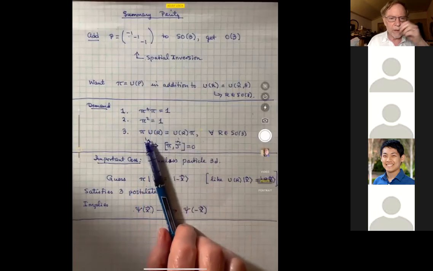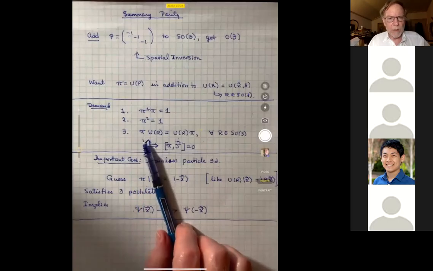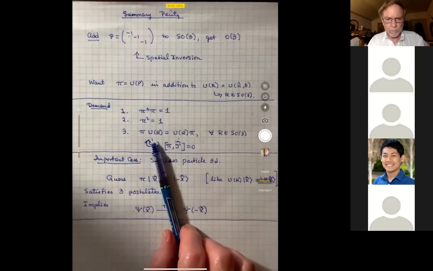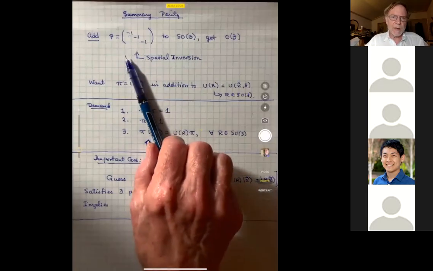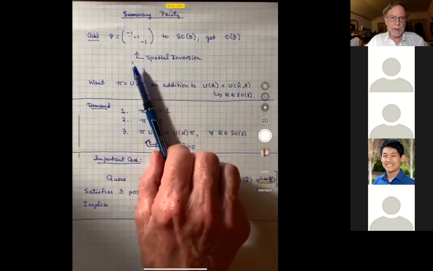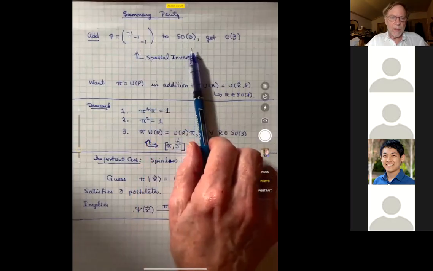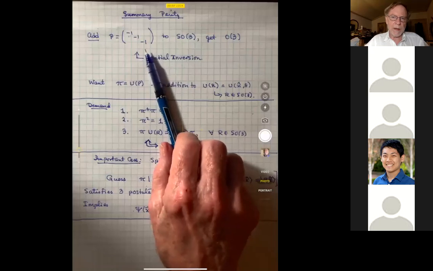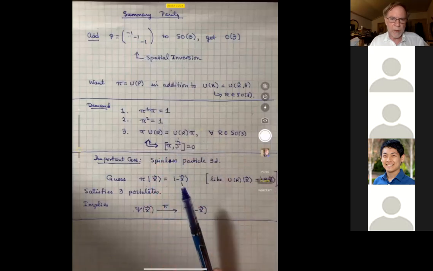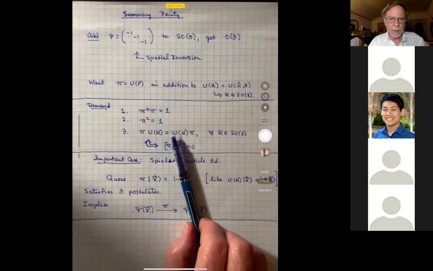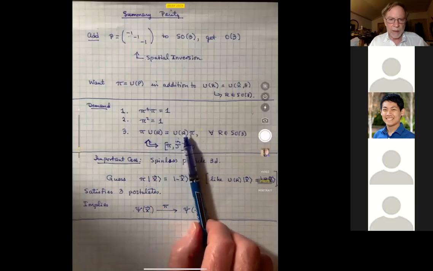And the third one is that pi should commute with the unitary operators that implement proper rotations, because that's what P does at the classical level. It commutes with all proper rotations R lying in SO3, and that's simply because P is a multiple of the identity. It commutes with all 3x3 matrices.